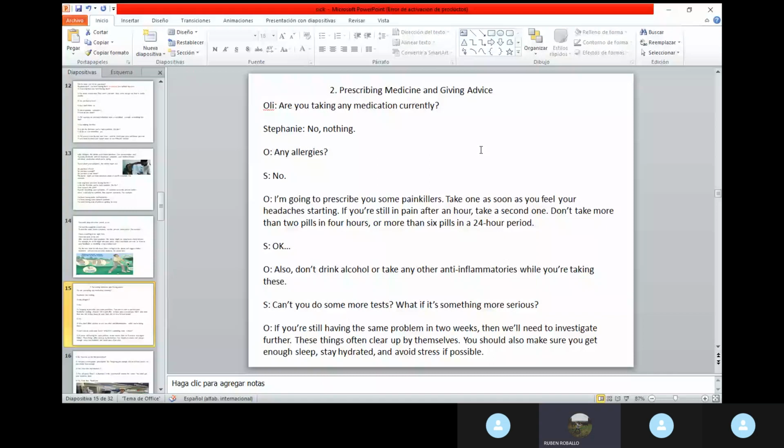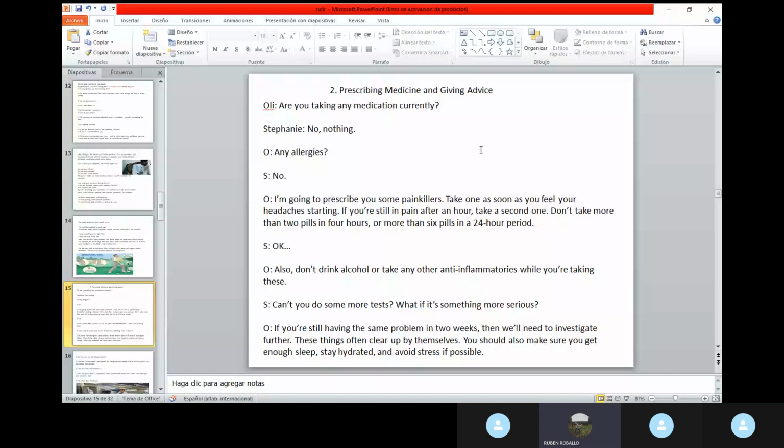Are you taking any medication currently? No, nothing. Any allergies? No. I'm going to prescribe you some painkillers. Take one as soon as you feel your headache starting.